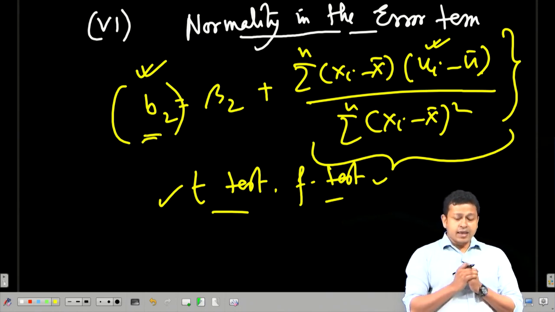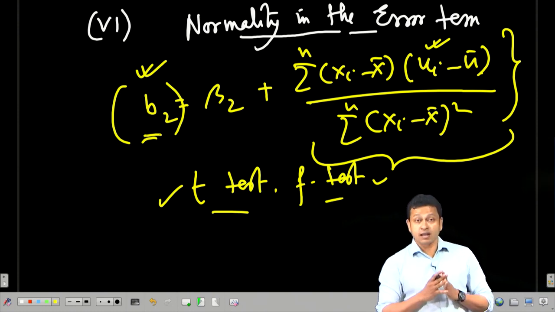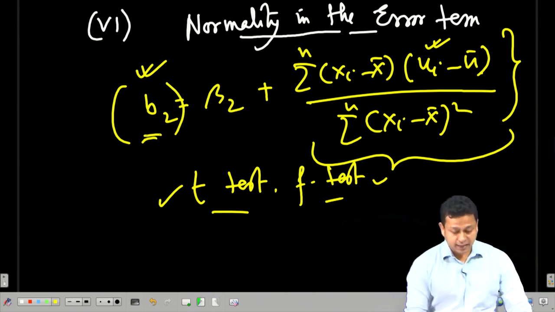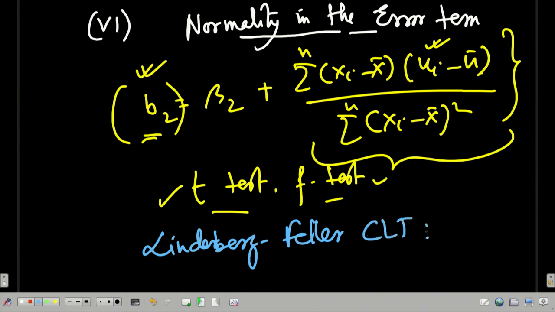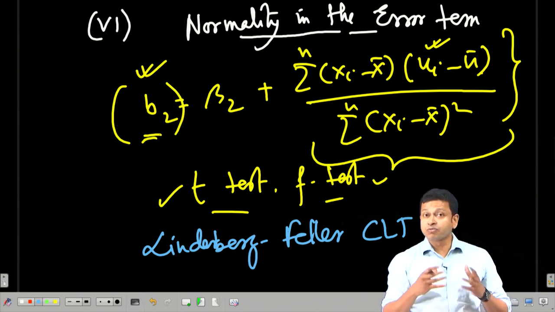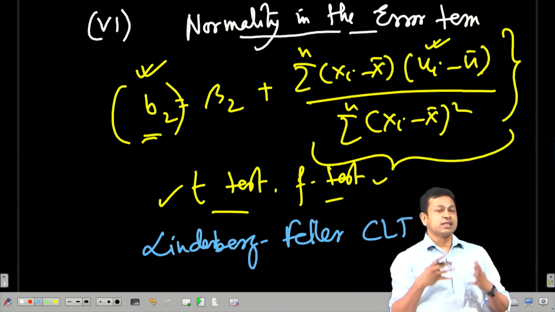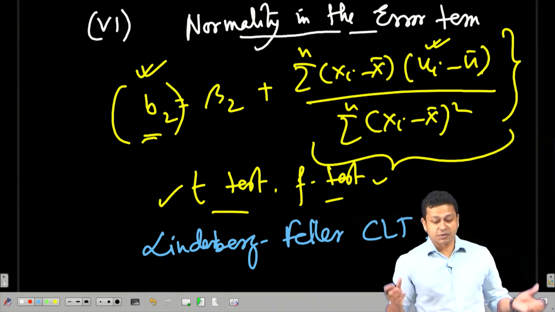Now, usually the error term is normal. The reason is that we need to go back to our central limit theorem, and it is a particular theorem, the Lindeberg-Feller central limit theorem. What it says is that if there are a lot of influences on a particular variable, so on my error term there are a lot of variables of which I am not even aware, they are not present in the model, they are influencing from outside.